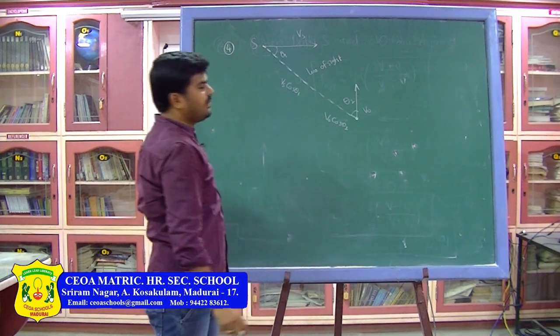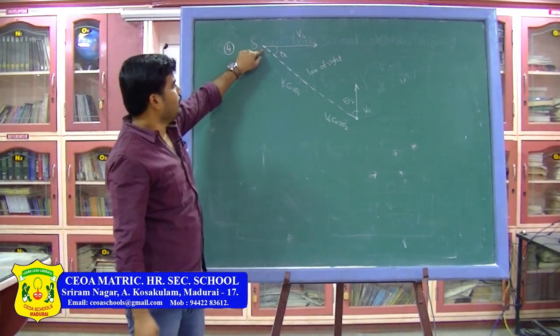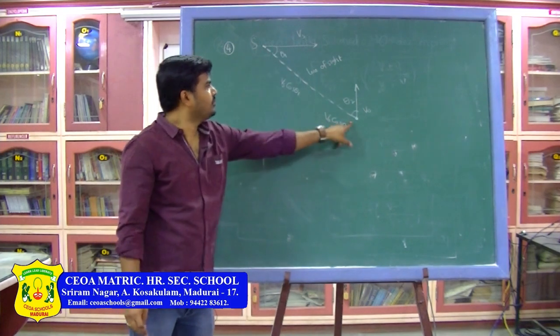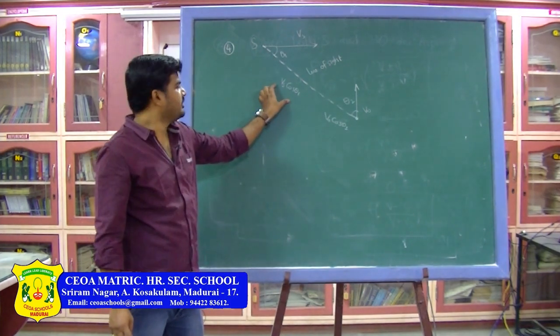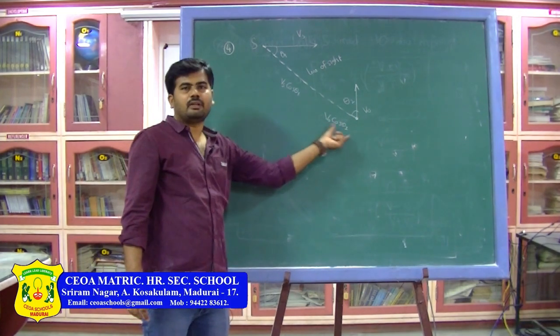Now you can find the apparent frequency. You can imagine a source moving towards the observer with a speed Vs cos theta 1 and the observer moving towards the source with a speed V naught cos theta 2.